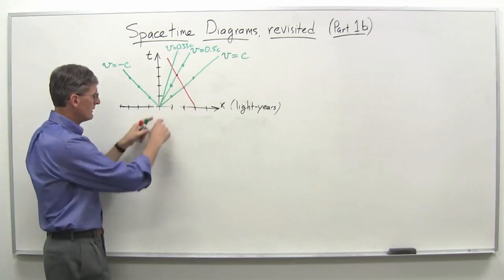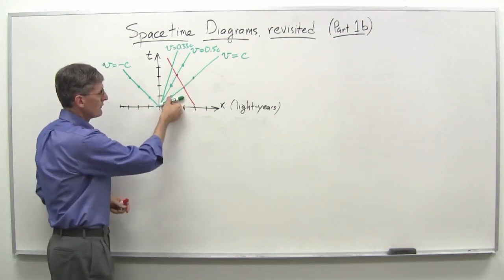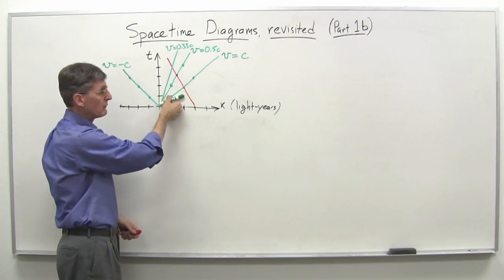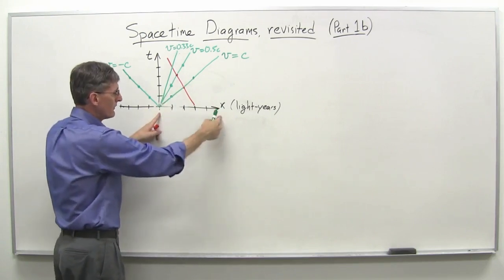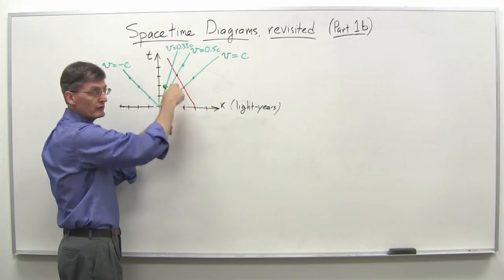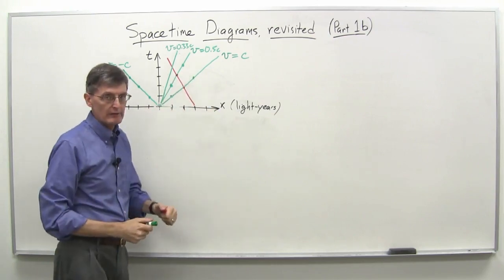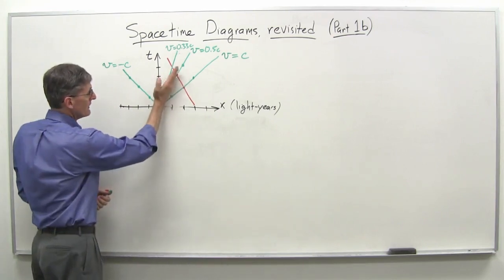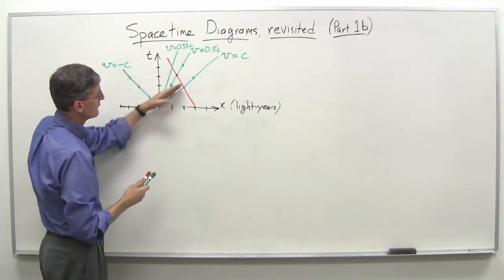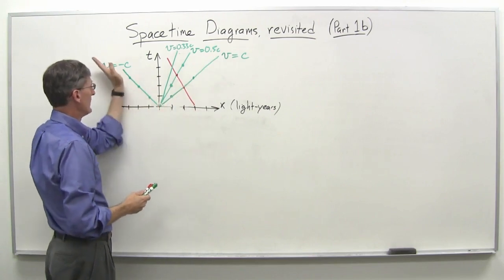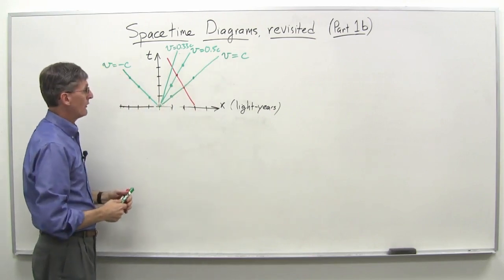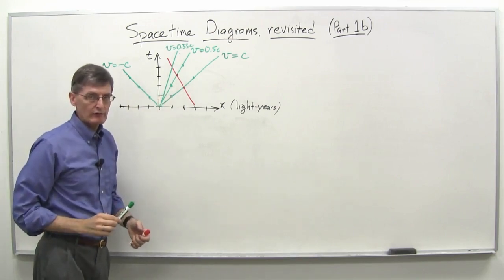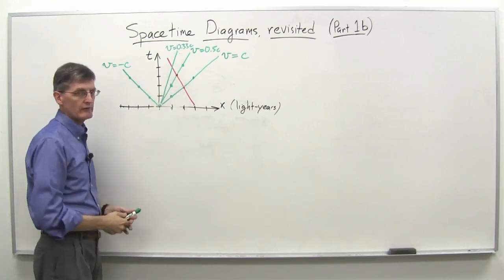Because if I have a line going off this way, that means that object is traveling faster than the speed of light. It's going a certain distance x within a certain time t faster than a light beam can go. And so all the lines we see are going to be in this region here between v equals c going that way and v equals negative c going that way. And so you'll see them typically angled like that, like 0.5 c, 0.33 c.